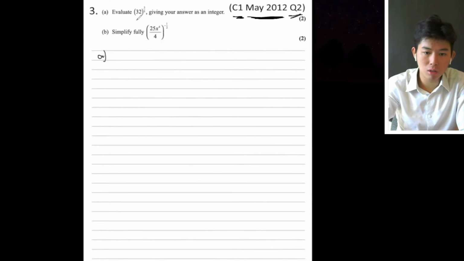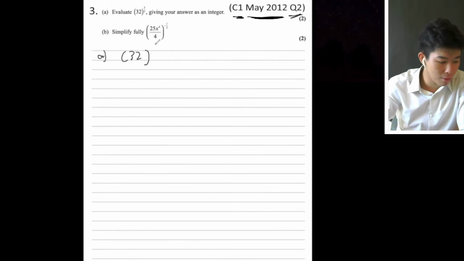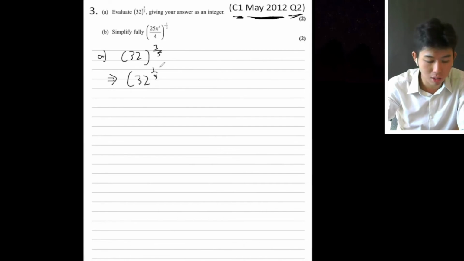So first thing first, 32 to the power of 3 over 5. And the next step would be, I want to separate the 3 and 1 over 5. So I would do 32 to the power of 1 over 5, close the brackets, and to the power of 3.